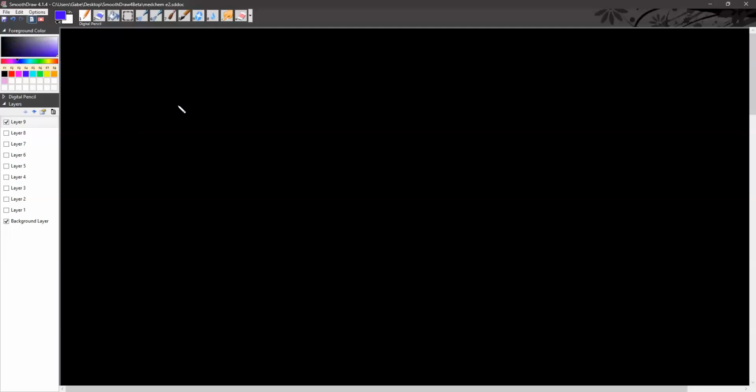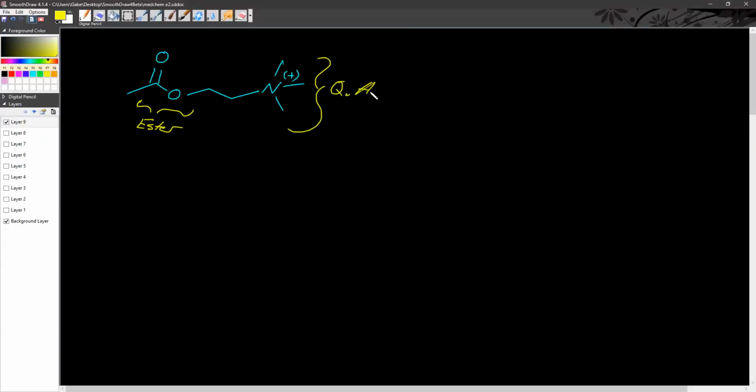Remember back when we talked about anticholinergic drugs, the big structure that we're trying to mimic is acetylcholine. And remember that in acetylcholine, we have two big moieties: the ester and the quaternary ammonium.